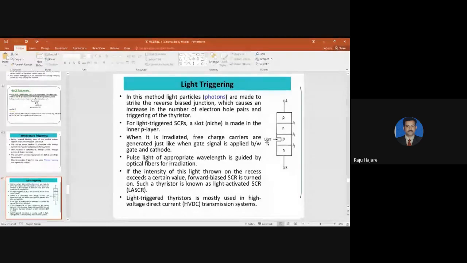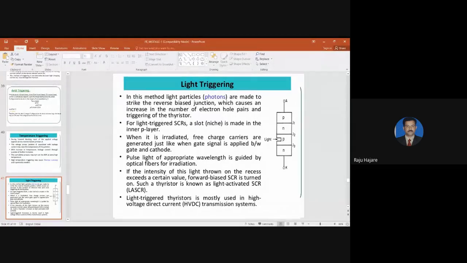What you do here is choose a pulse of light of appropriate wavelength, and that is guided by optical fiber for irradiation, applied here with the proper arrangement and proper structure creation. That light is guided by optical fiber and applied on the P layer of the device, and it is turned on.